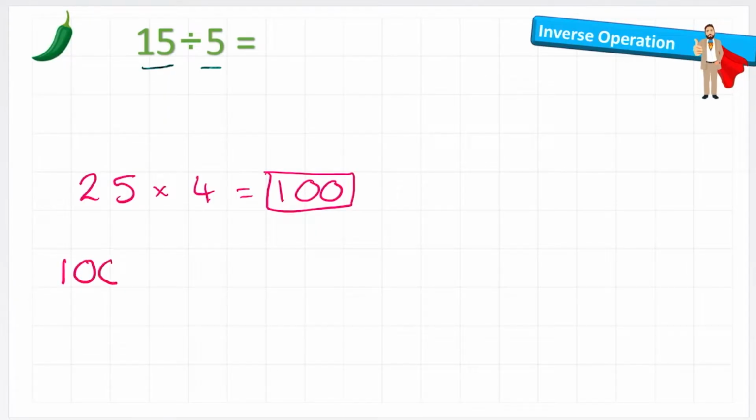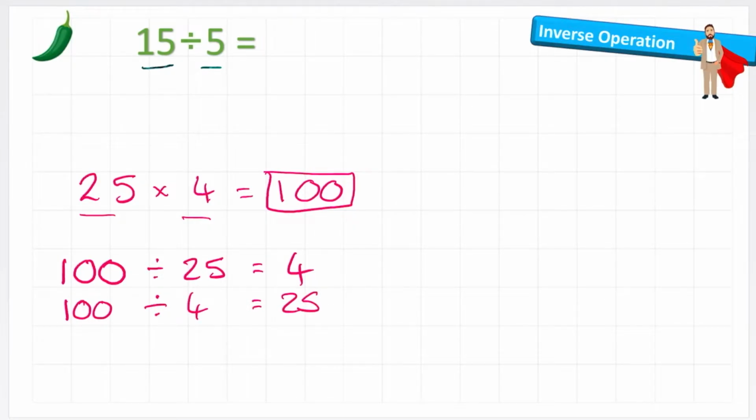So now I can have 100, and knowing what I know now about my number family, it doesn't matter which way around I put my 25 or my 4, because it's still going to be part of the number family. So I can say 100 divided by 25 equals 4. Or I could write 100 divided by 4 equals 25.